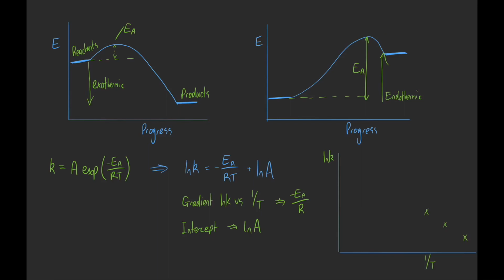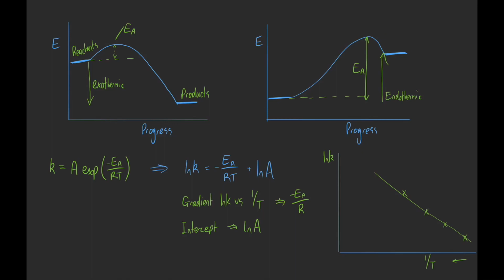Now, because we're plotting 1 over temperature, as we move to the left, we're actually increasing the temperature. And then the value of ln k is also increasing. So as we make those measurements, we'll get something that resembles a straight line, and we can then plot a straight line through that data in order to determine both the activation energy and the frequency factor.